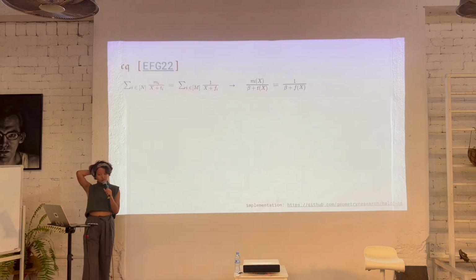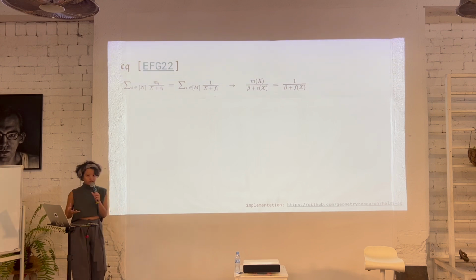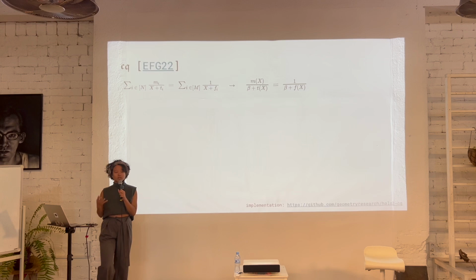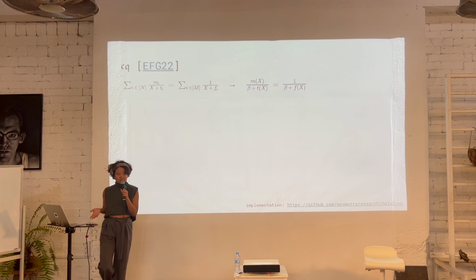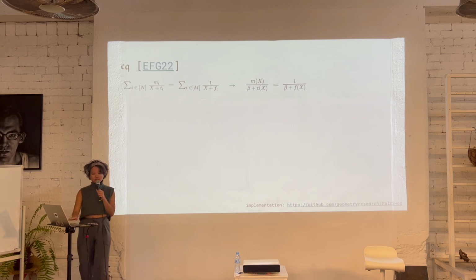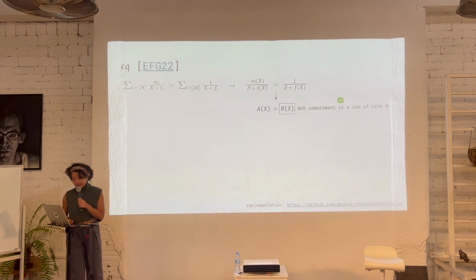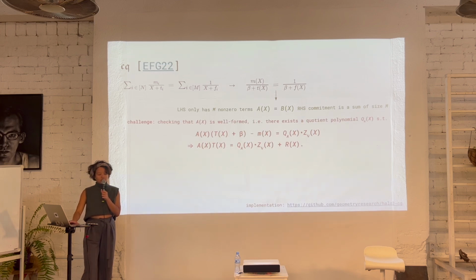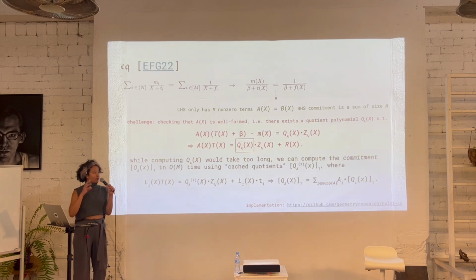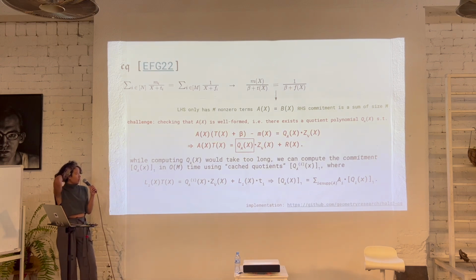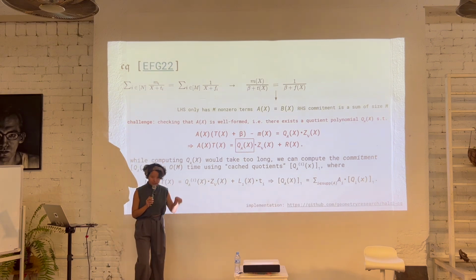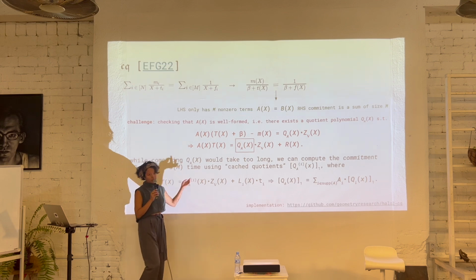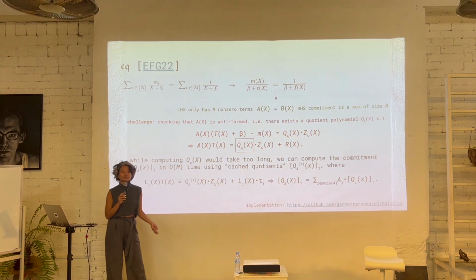So CQ was inspired by the log derivative identity from lookup, and it was also inspired by the pre-processing techniques from Caulk and Caulk Plus. So sort of a combination of this that involved a really heavy pre-computation to allow the efficient computation of commitments to polynomials that would otherwise be really expensive to compute.